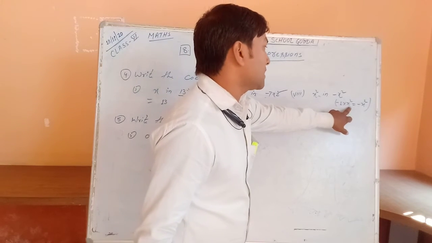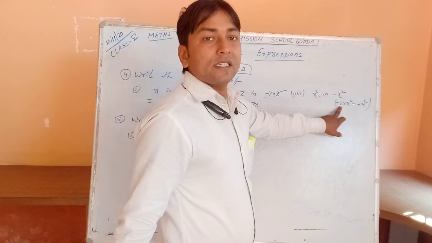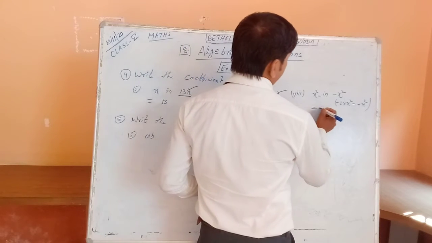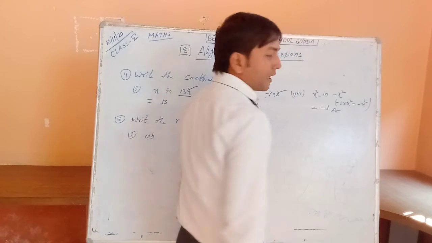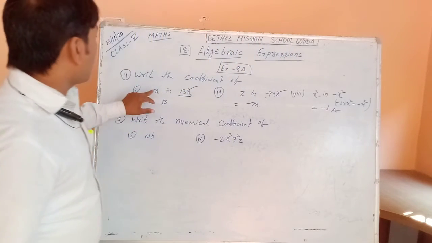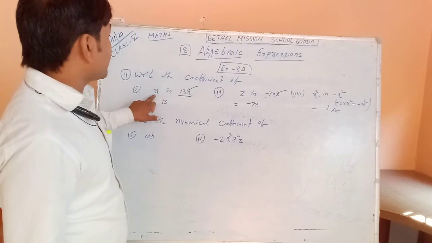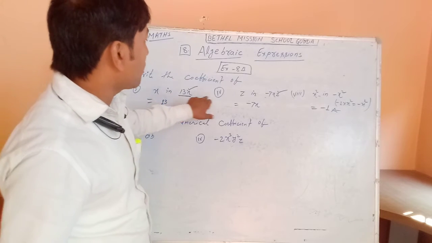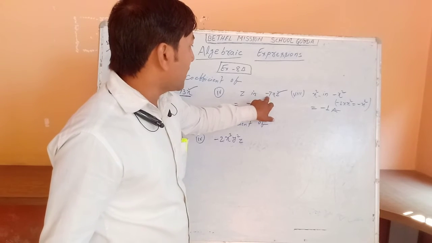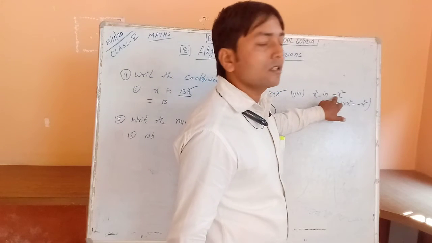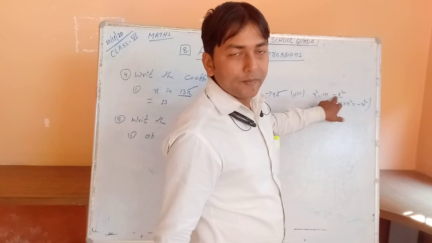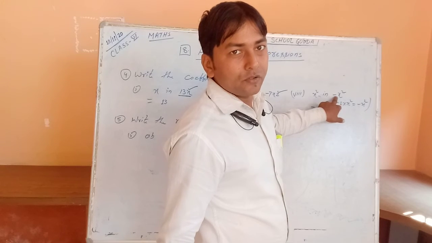The coefficient of x square is minus 1. So here the coefficient of x is 13, the coefficient of z is minus 7x, the coefficient of x square is minus 1. The rest you can do.